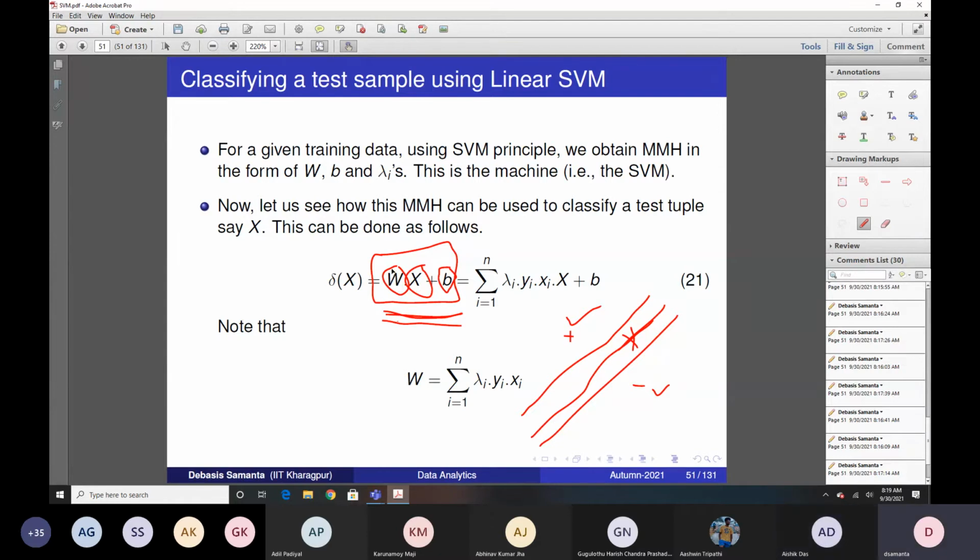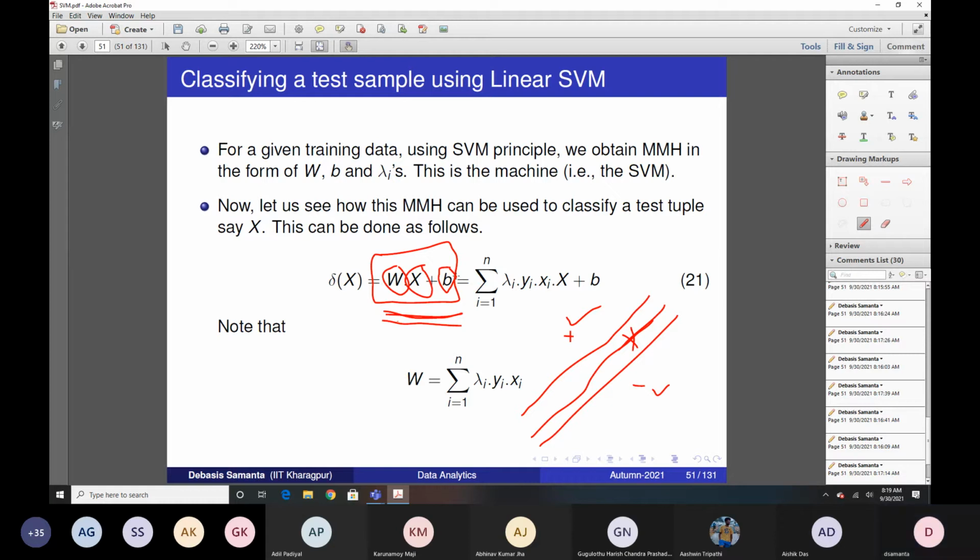Now we have already solved for the values w and b. So w dot x is actually a dot product. It will give you a scalar quantity, and b is a scalar value, so this will give you a scalar value only. Now this scalar value has three cases: positive, negative or 0.